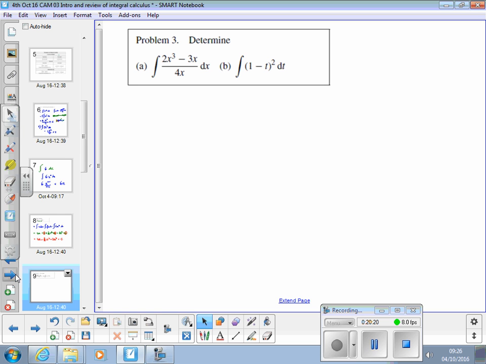Problem 3. What would we need to do with this? Integral of 2x cubed minus 3x all over 4x.